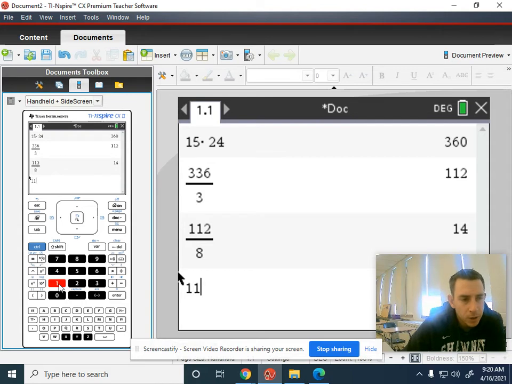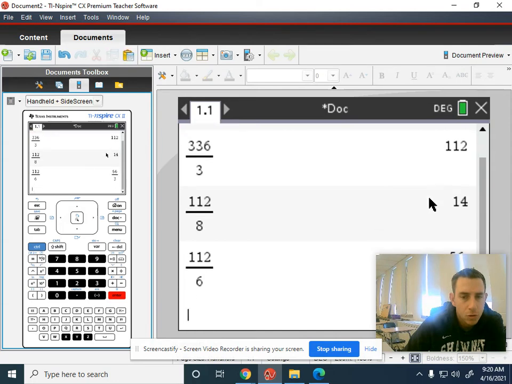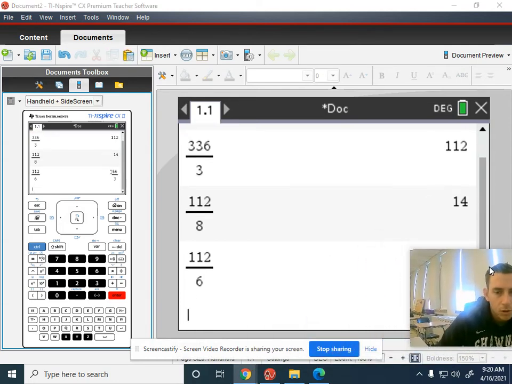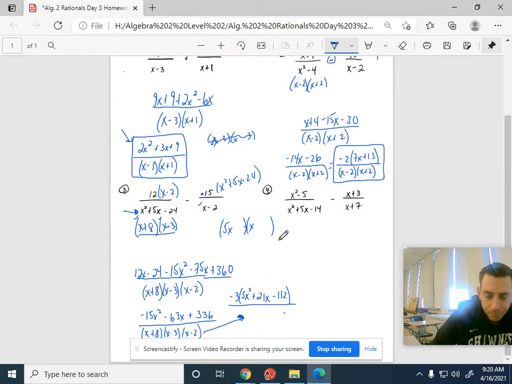What else goes into 112? 12 does not. 6 does not. Let's think about 8 and 14. If I put an 8 here and a 14 there, 8 will give me 40. 14 here, I don't think that's going to work.